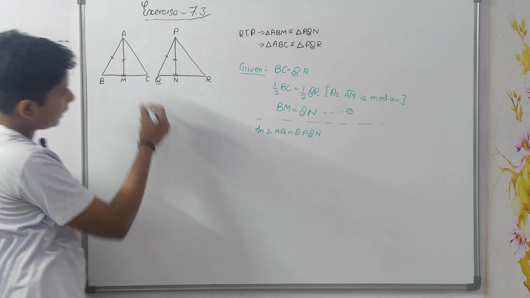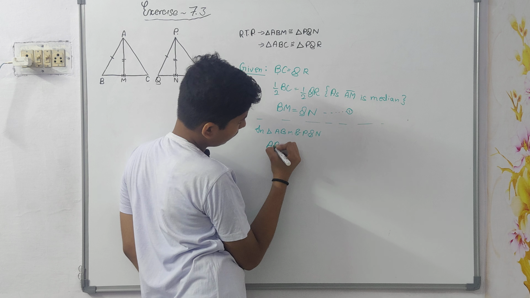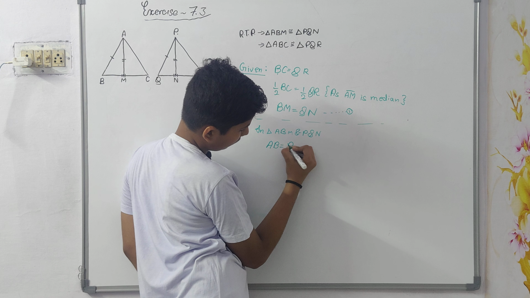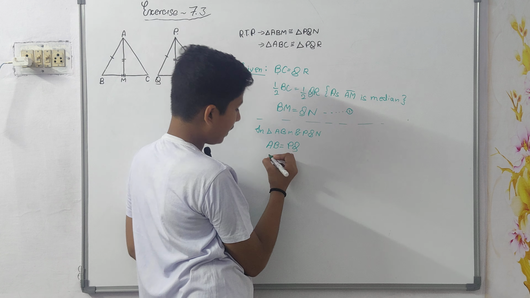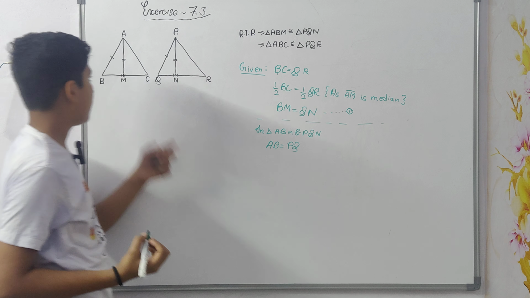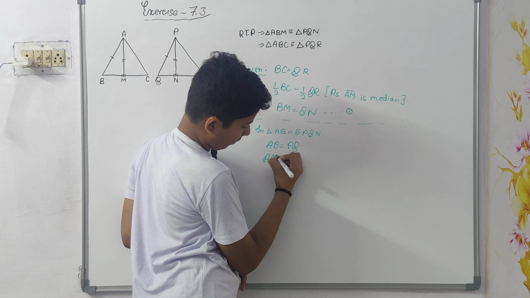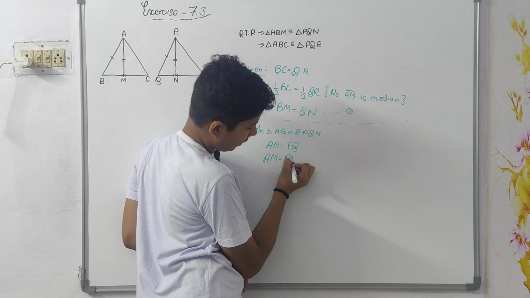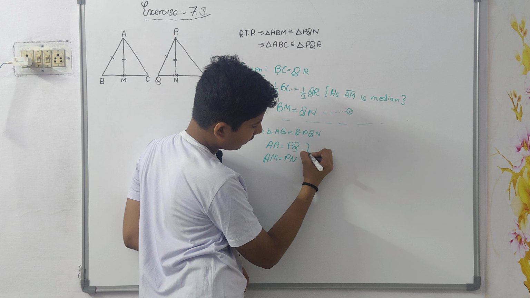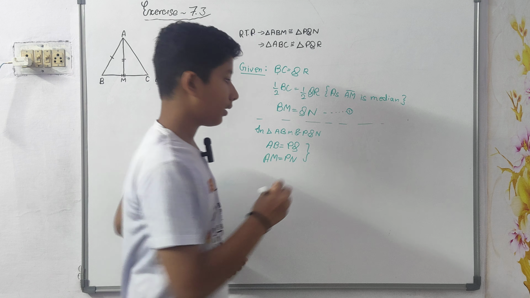AB equals PQ. BM equals QN. This we will write last. AM equals PN. And here we will write given, because it is already told in the question.